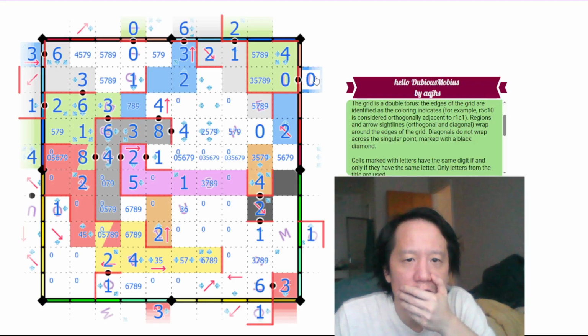This is not green. So this must see 1, 2, 3, 4, 5. It cannot see here because that would correspond to this 0, and we know this 0 cannot be green. So this must be the extra 6. So that's done.